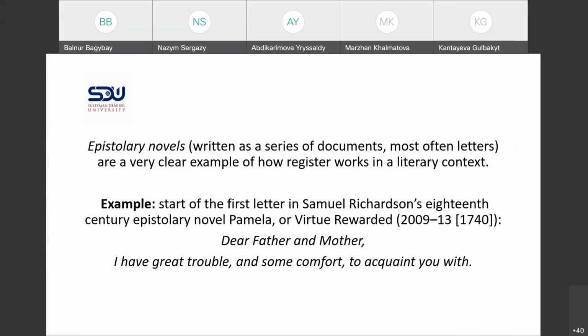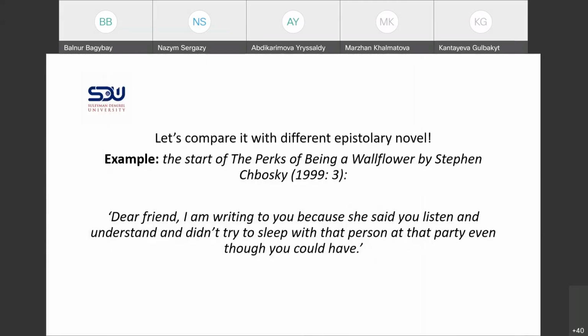"Dear father and mother, I have great trouble and some comfort to acquaint you with." Whereas here: "Dear friend, I'm writing to you because she said you listen and understand and didn't try to sleep with that person at that party, even though you could have." Even though you read them and maybe on a linguistic level it is somehow the same, you may find out from the very tone of the two letters that they are quite different.